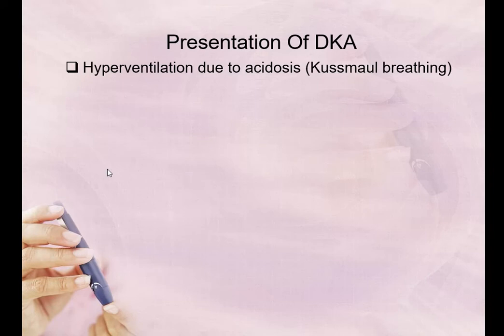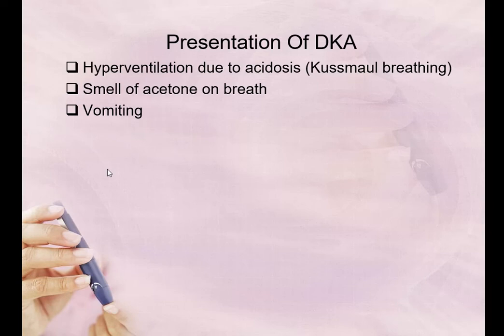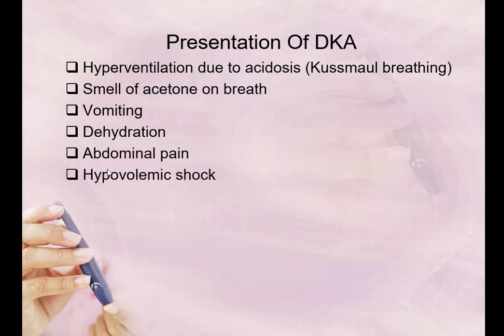The clinical presentation of DKA: how does the patient present with DKA? First of all, hyperventilation due to acidosis causing Kussmaul breathing, smell of acetone on the breath, vomiting, dehydration, abdominal pain, hypovolemic shock, drowsiness, and coma.